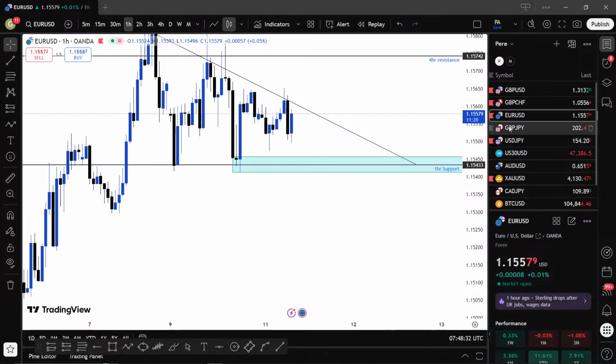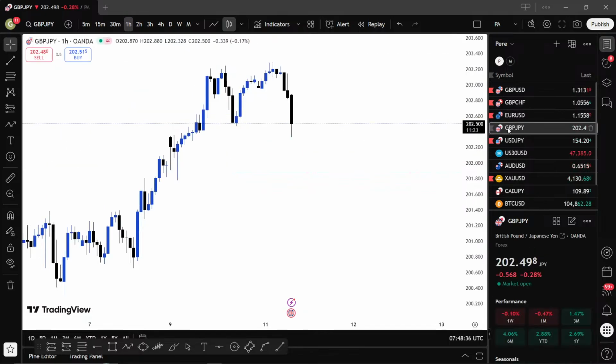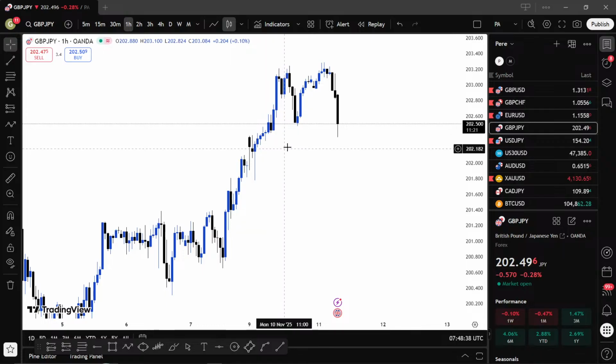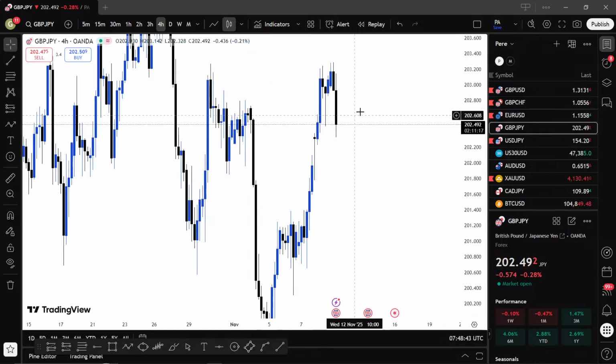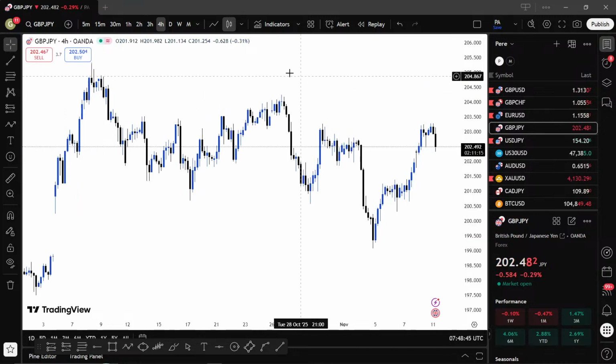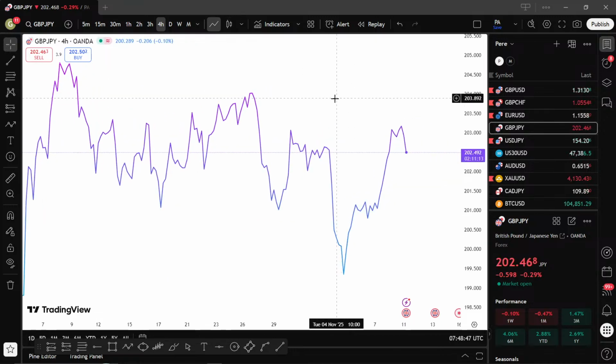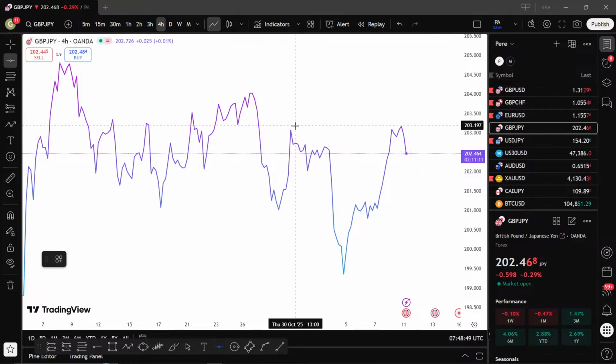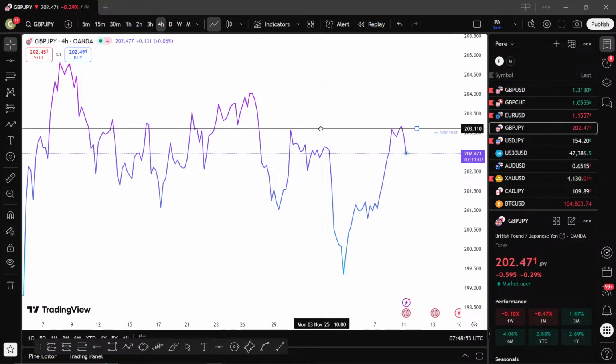Now let's move over to GBP JPY. Straight up to the 4-hour time frame, and then back to my line chart. Now when identifying support and resistance, it is very much vivid on the 4-hour, on the line chart. That's why I always use a line chart to identify it.